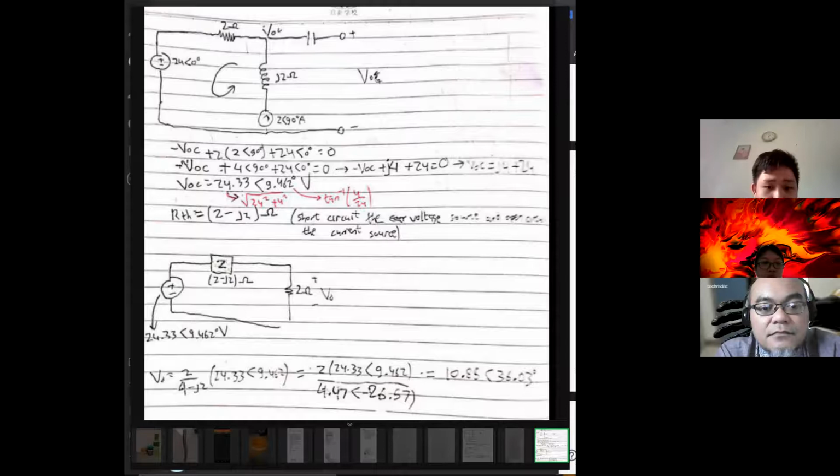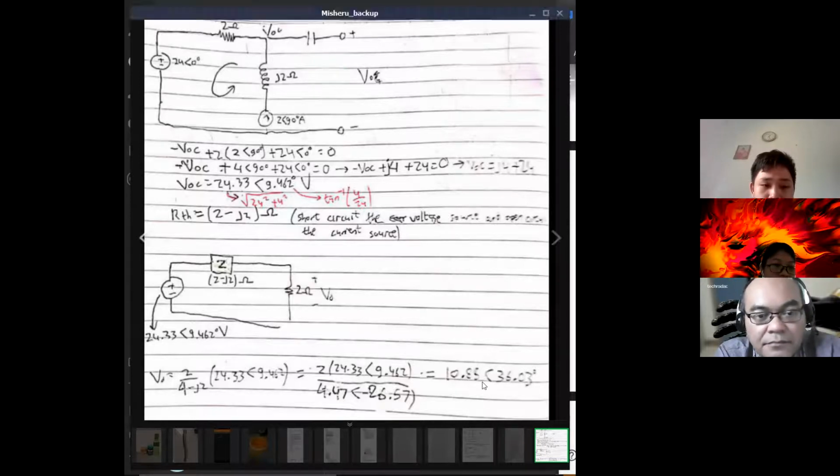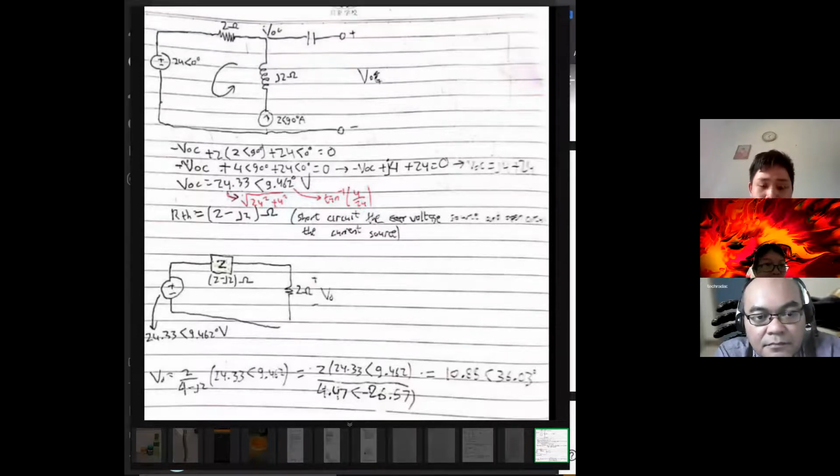And then we got VOC is equal to j4 plus 24. And then we change it to phasor form by using the square root of 24 squared plus 4 squared, which is 24.33, and 9.462 degree is the arctan of 4 over 24.